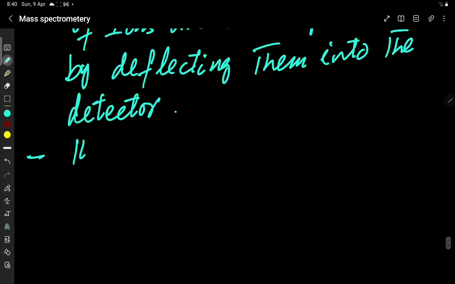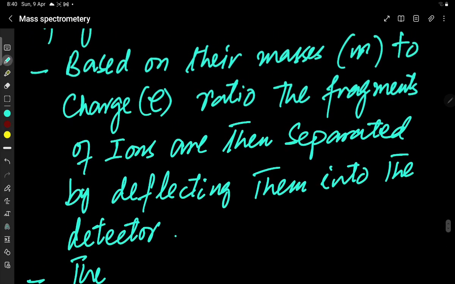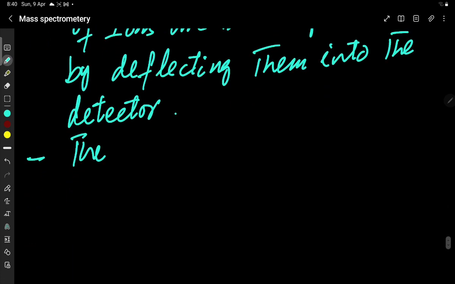This is known as the mass over charge ratio.